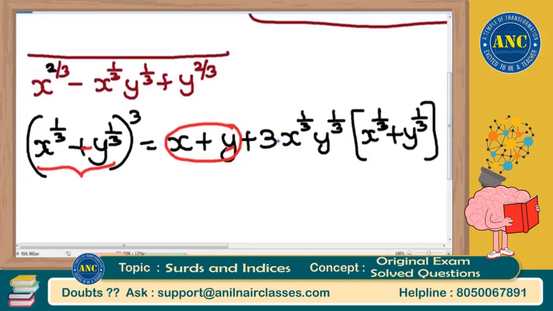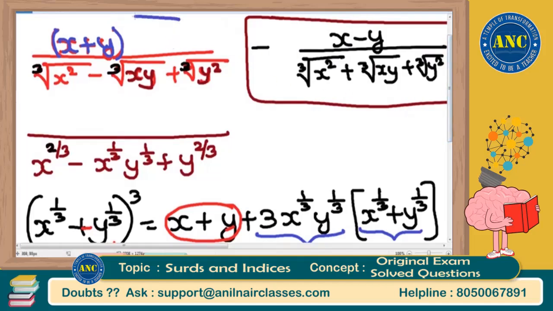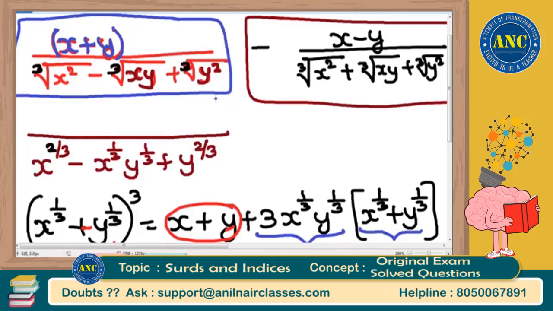So here I have 3 into x power 1 by 3 into y power 1 by 3. That means this entire term from the expression I have written below can be written directly as x power 1 by 3 plus y power 1 by 3, minus this term, where only the negative sign changes in between.